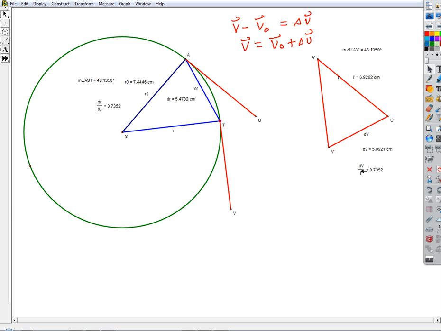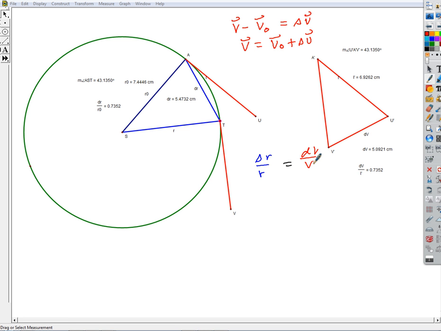That's useful to us, though, because let's take this ratio of delta R over R is equal to the ratio of delta V over V. Everybody agree? Isn't that what those are?